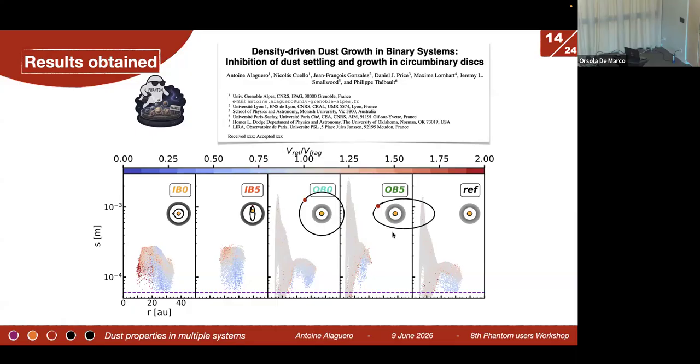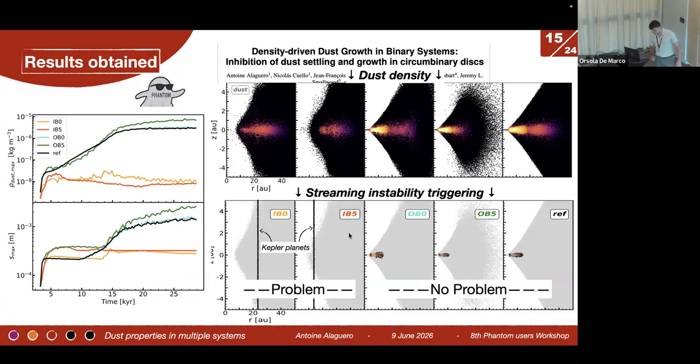And basically the main result is that for circumbinary disks, you cannot grow dust as much as in circumstellar disks. And the reason is because dust growth is density driven. This is what this plot is telling you. Basically, where you have density, you can grow dust.